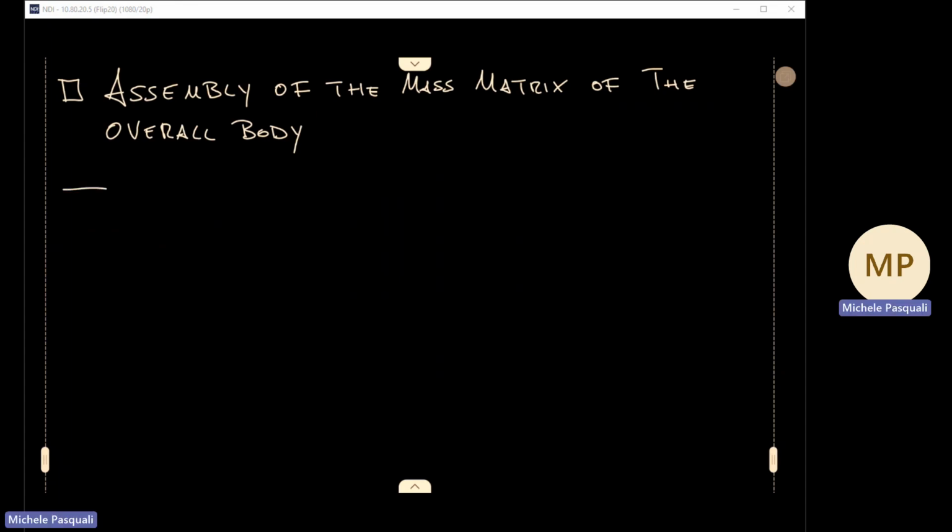So we have that the kinetic energy of the overall body i is just the sum from j going from 1 to the number of the elements, NE, of Tij, which we have defined before. So the kinetic energy possessed by the whole of the body is the sum of the kinetic energy of the elements. That's it. All of them.